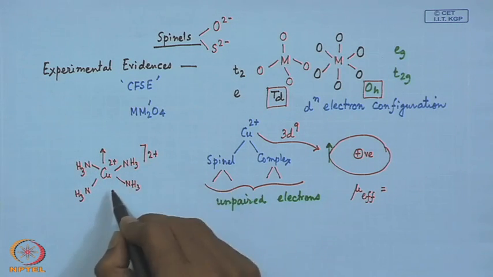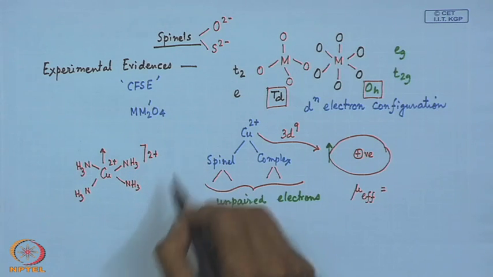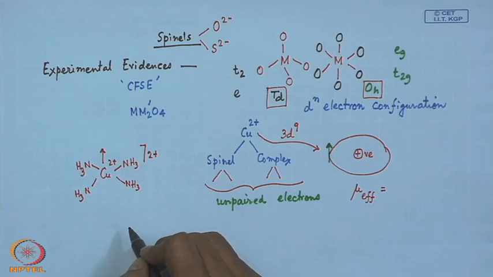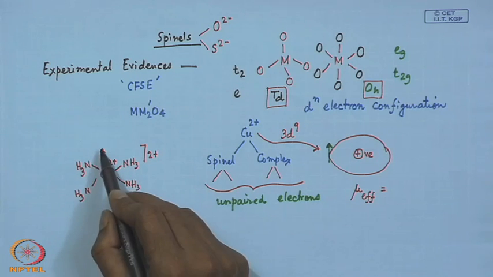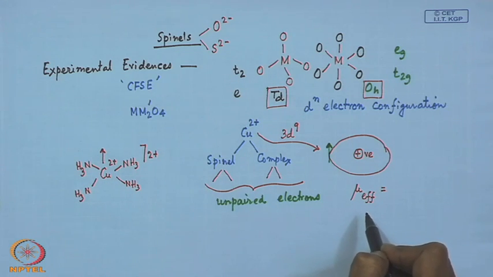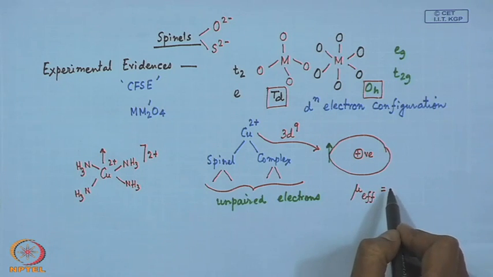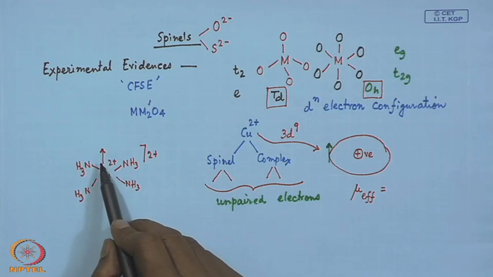That means, this molecule is separated enough from the second molecule or the third molecule and so on. So, this unpaired electron residing on the single copper center can give rise to a typical paramagnetic center, and it can give rise to the corresponding magnetic moment value due to the presence of one unpaired electron.